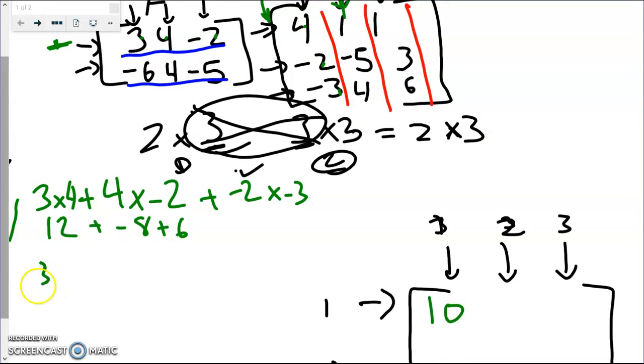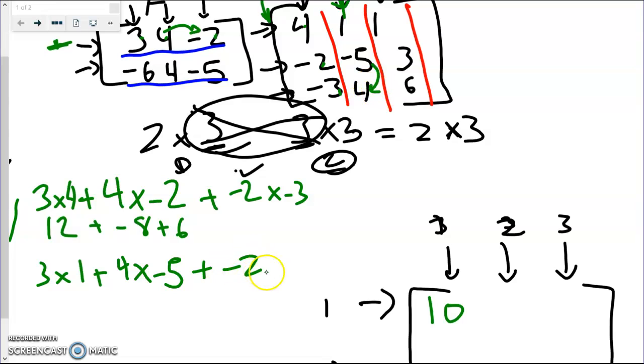We're going to do 3 times 1, plus we go right, it's 4, go down, it's -5, so it's going to be 4 times -5, plus we go right to -2, we go down to 4, it's going to be -2 times 4.